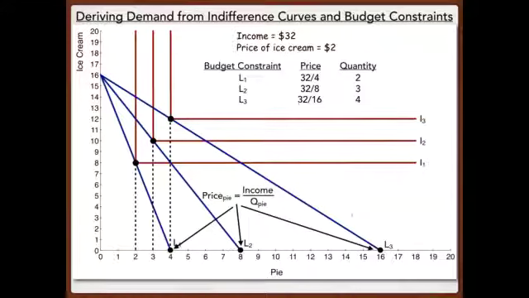So we have 32 divided by 16, 16 being the maximum amount of pie that can be purchased given the income and the price of pie that represents budget line number 3. So we can simplify those and we get that the price of pie for L1 is equal to 8, the price of pie on L2 is equal to 4, and the price of pie on L3 is equal to 2.